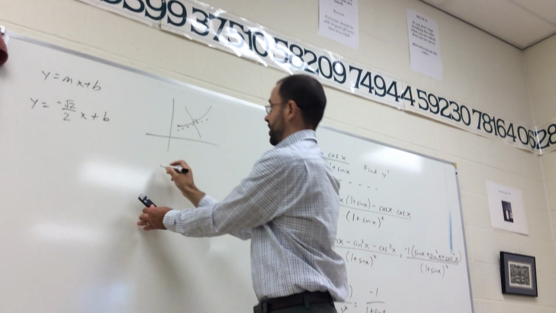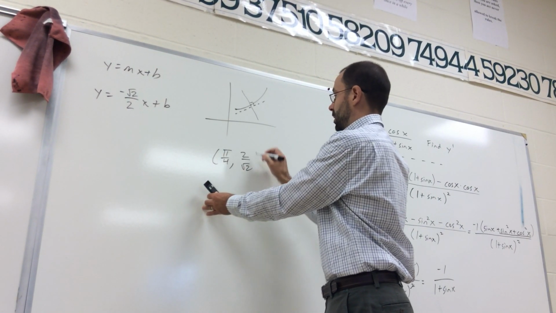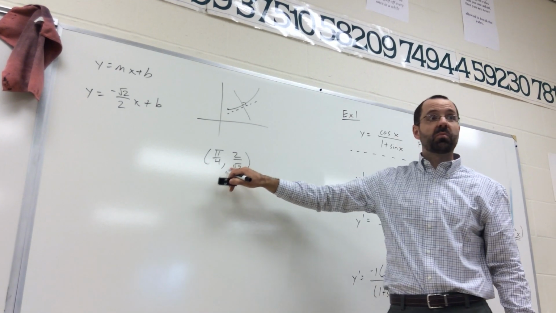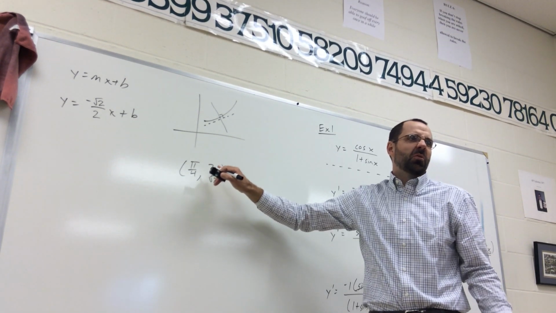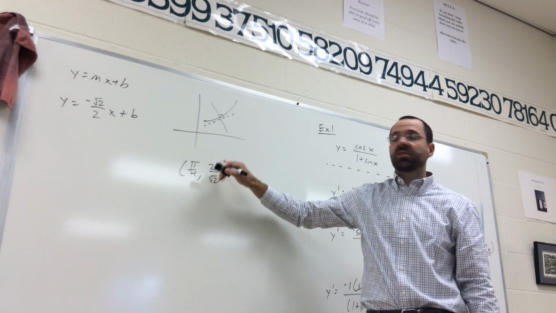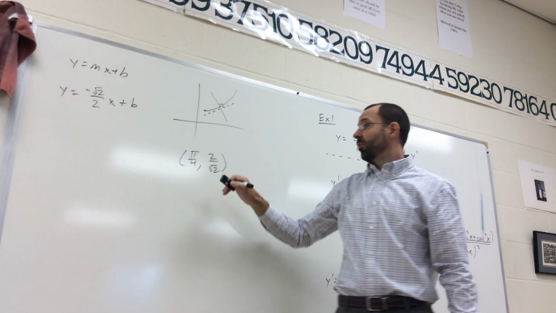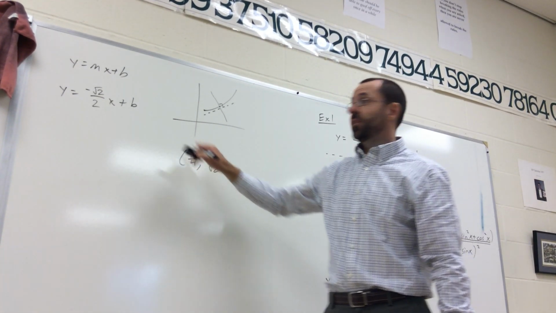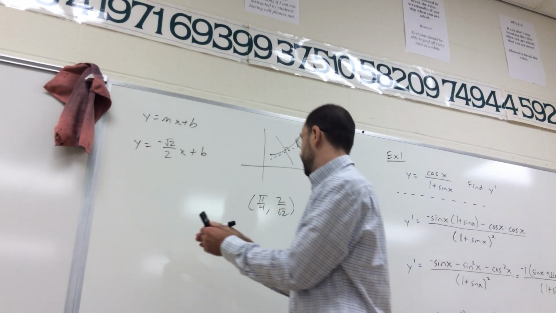So I'm trying to emphasize that the normal line is also going through this point, the same point that the tangent line went through. That's what a normal line is. It goes through the same point, it just is perpendicular to the tangent line. Okay, so that means I can use this point to figure out my b for the normal line as well.